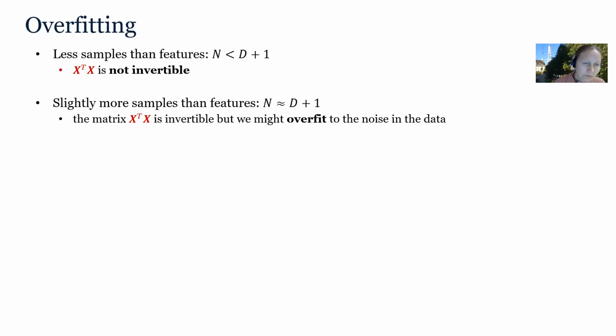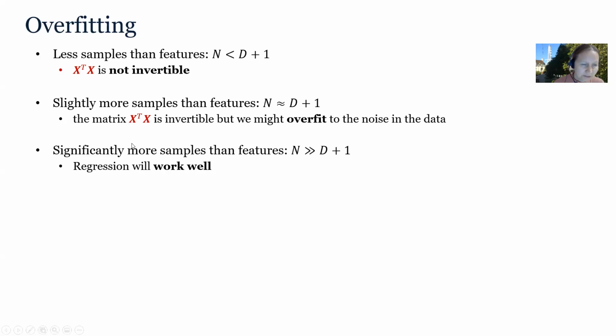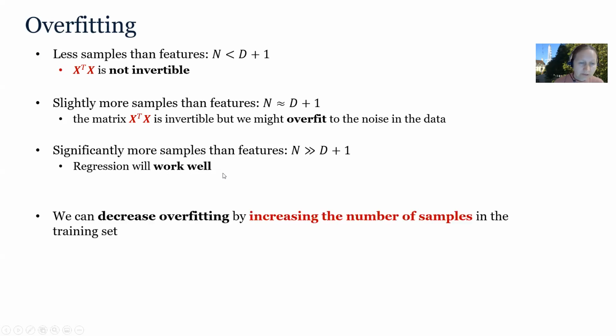Then if we have just slightly more samples than features, then this matrix will be very likely invertible, but we might overfit to the noise in the data. And finally, if we have significantly more samples than features, then the regression will work well. So from this, we can conclude that we can decrease overfitting by increasing the number of samples in the training set. So size of our training set is extremely important for the performance of the model.